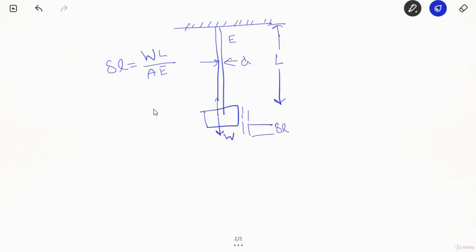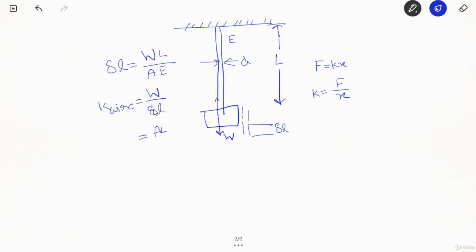Now, again comparing with the F equals Kx kind of equation, where we got K equals F divided by x, let us say this is K wire, the stiffness of this wire, which is given by W divided by the deflection, which is delta L in this case.